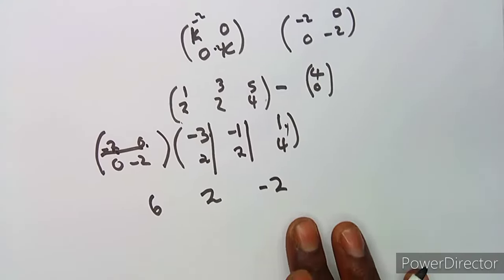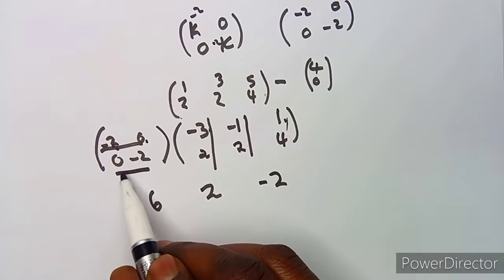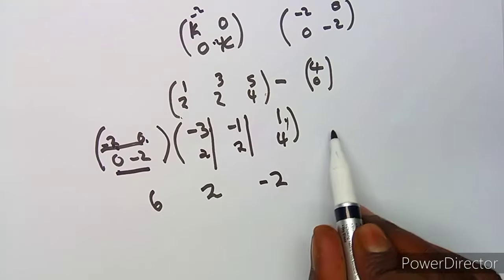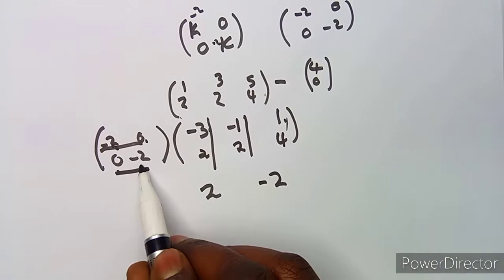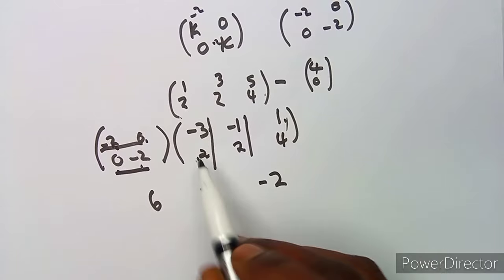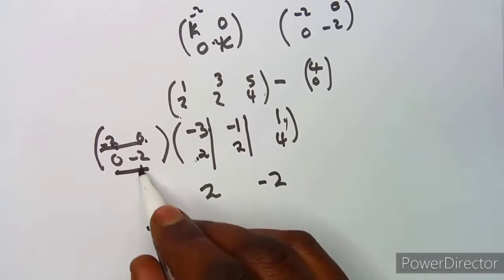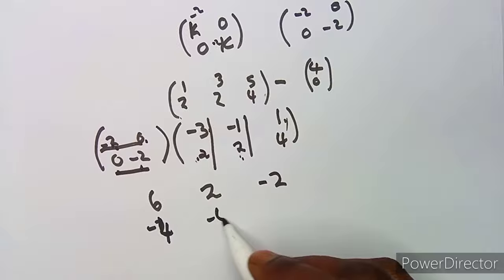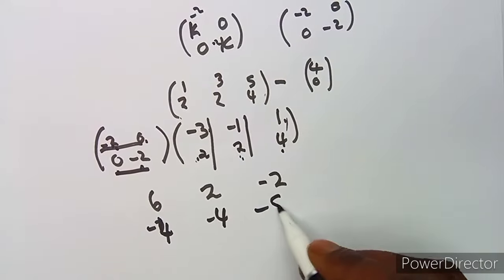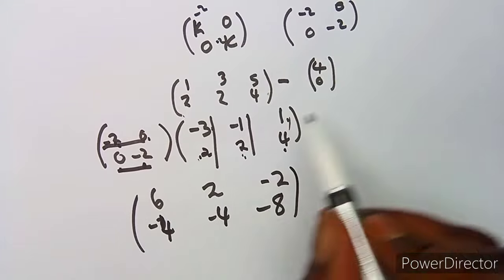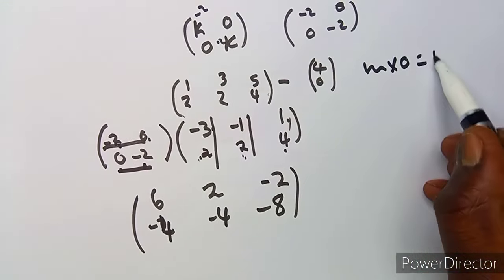The same thing here, because you multiply by 0, so everything on top is 0. Then multiply -2 below: -2 and 2 is -4, -2 and 2 is -4, and -2 and 4 is -8.